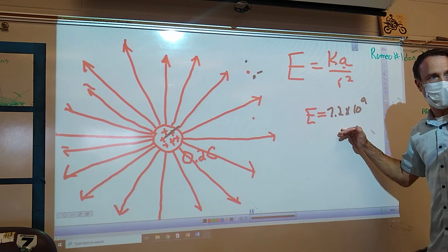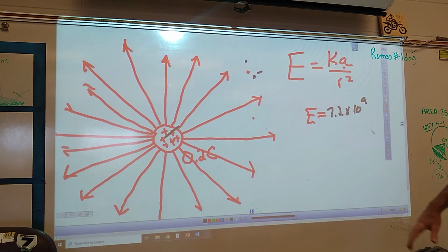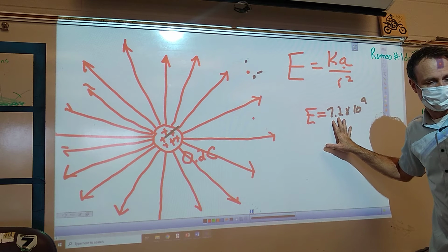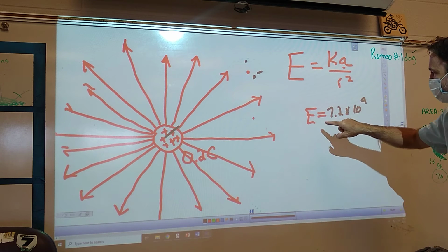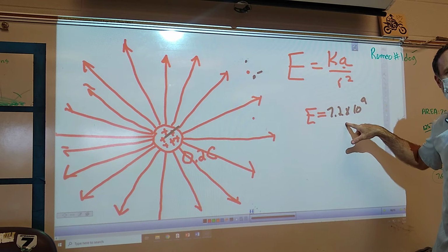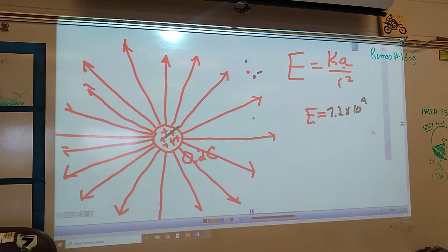Now we can take this number and realize that this is Coulomb's Law. Because right now we can say this number is equal to F per Q. What does that mean? Here we go.